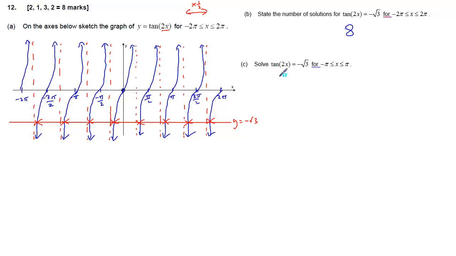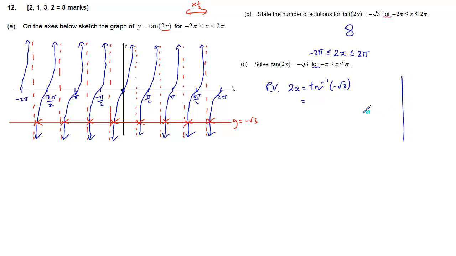We want to solve tan 2x is negative root 3 for x between negative pi and pi. Since we're solving initially for 2x, we should go between negative 2 pi and 2 pi. The principal value for 2x will be the inverse tangent of negative root 3.